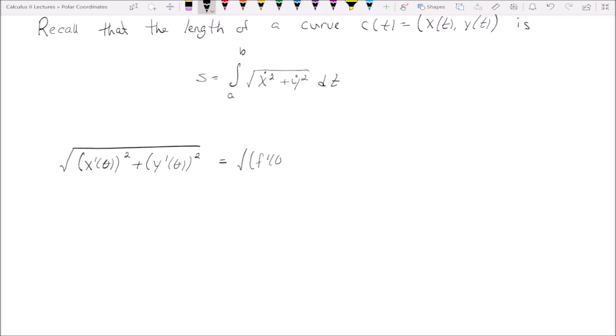So f prime of theta times cosine minus f of theta times sine, squared, plus f prime of theta sine plus f of theta cosine, all squared.